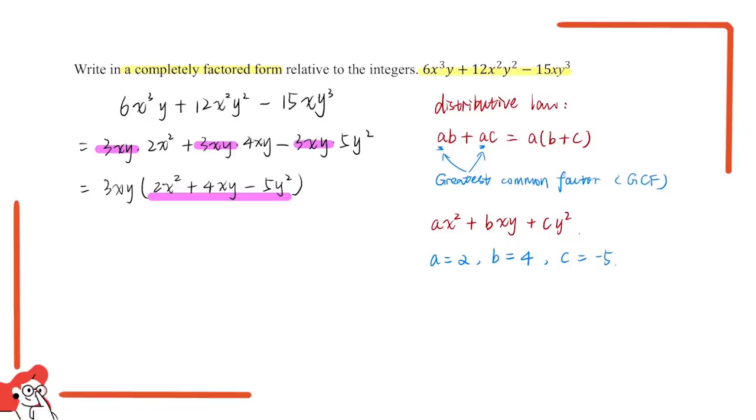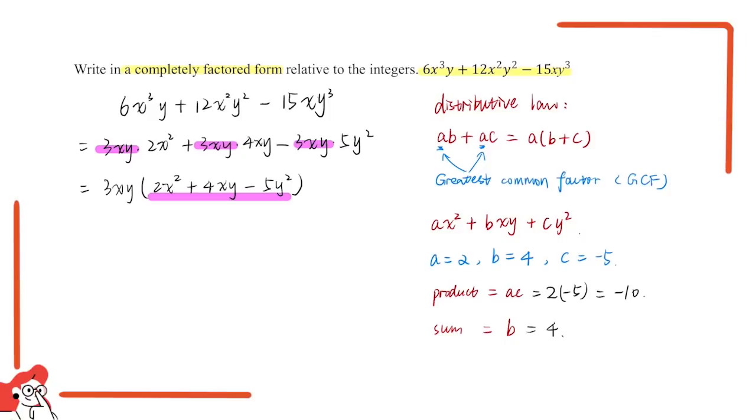If we would like to factorize these three terms, we have to find any two values that the product equals the value of AC, which is 2 times -5, it's -10 here, and then the sum should be equal to the value of B, which is 4 here.